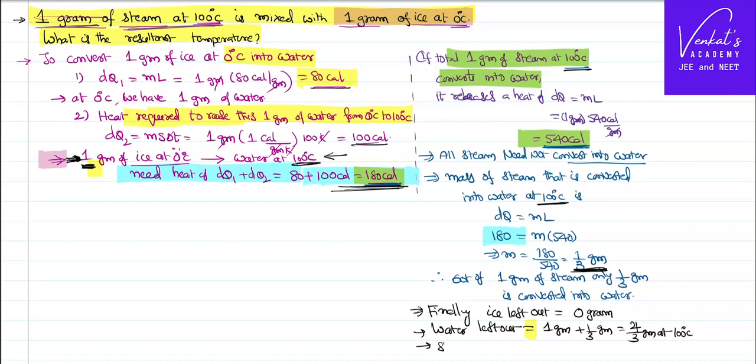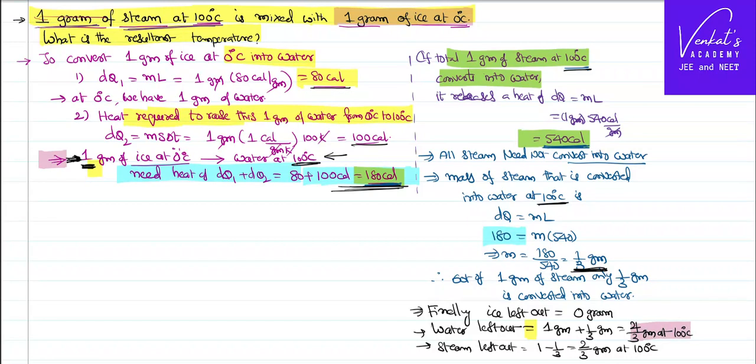And is there any steam left out? Out of 1 gram of the steam, 1/3 of the steam is converted into water. So 1 minus 1 by 3, that is 2 by 3 of the gram. The steam is also at 100 degrees centigrade. So what is the final temperature? That's the most important question that we need to address.